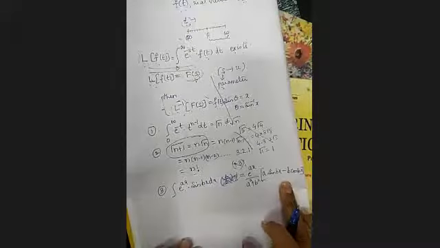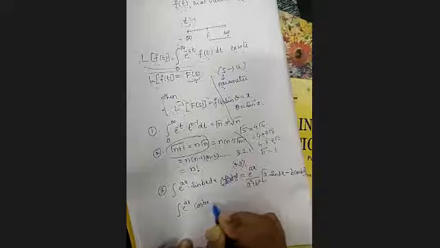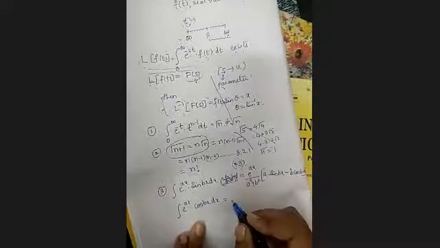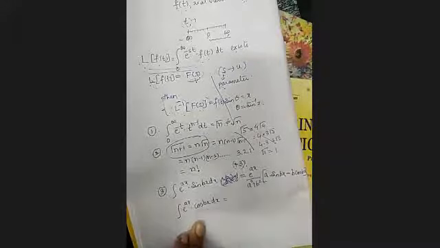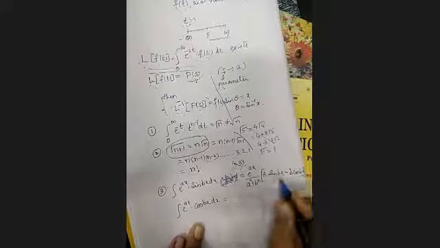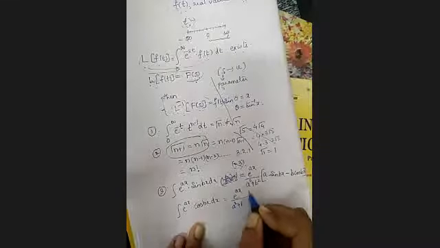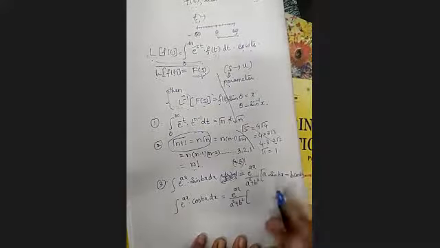On similar lines, if you have the exponential with cos, tell me what you will get. E raised to ax into cos bx. It's a similar result. I'm giving both so that on a comparison basis you can remember, because this is hardly used, but I think we'll use it two to three times this semester.